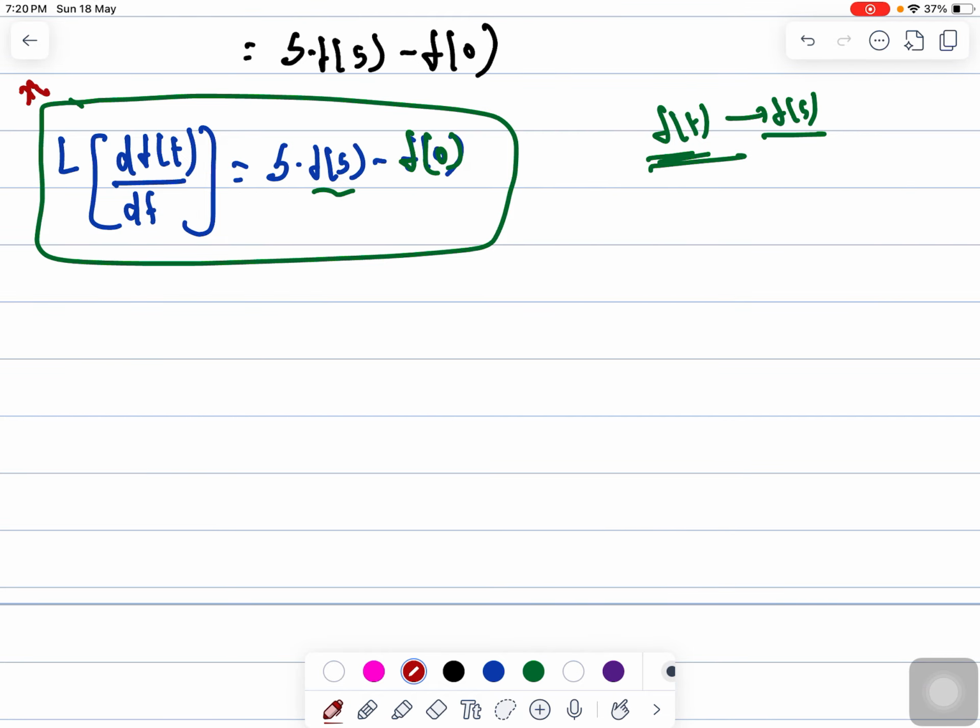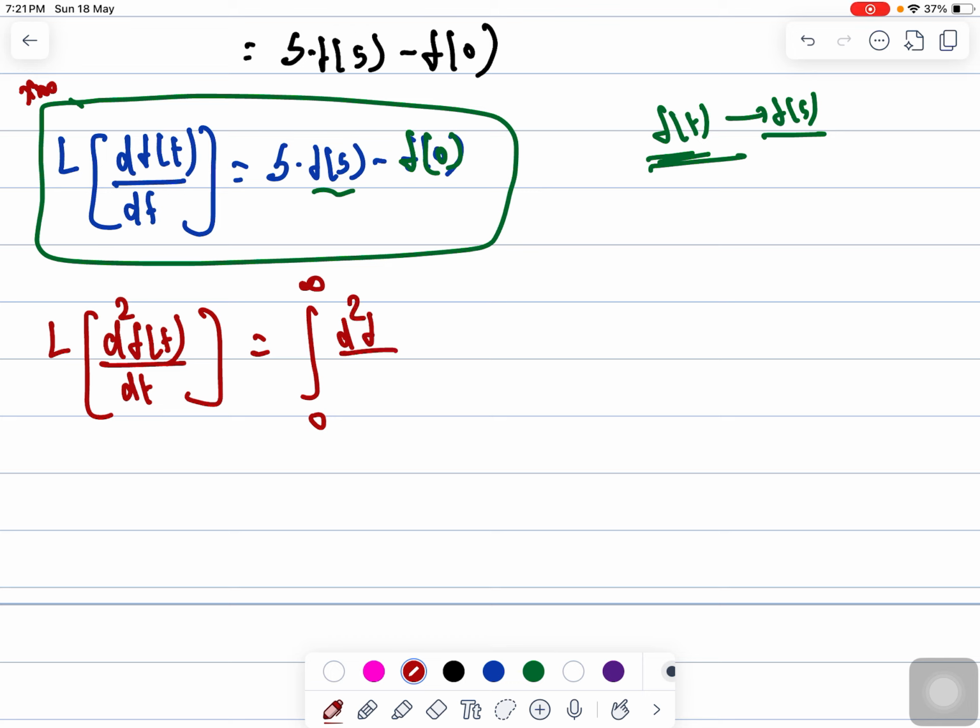Now if you want to find the Laplace transform of the second derivative, d2 f(t) by dt square, in the same way you can use this formula, the integral from 0 to infinity of d2f by dt square into e to the power minus st dt.